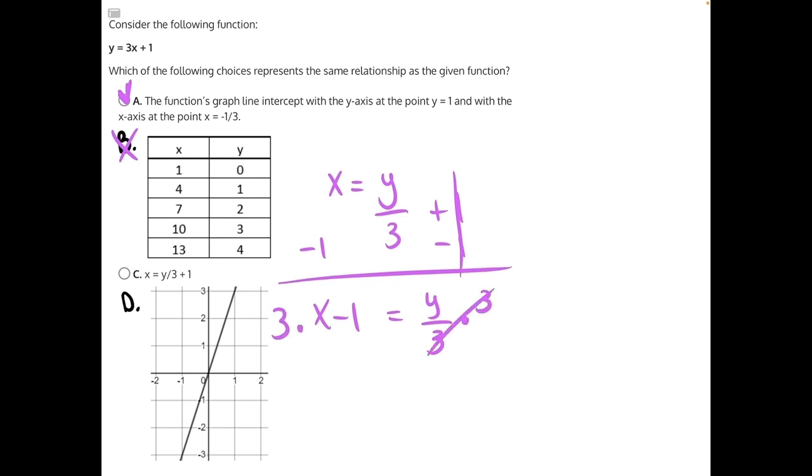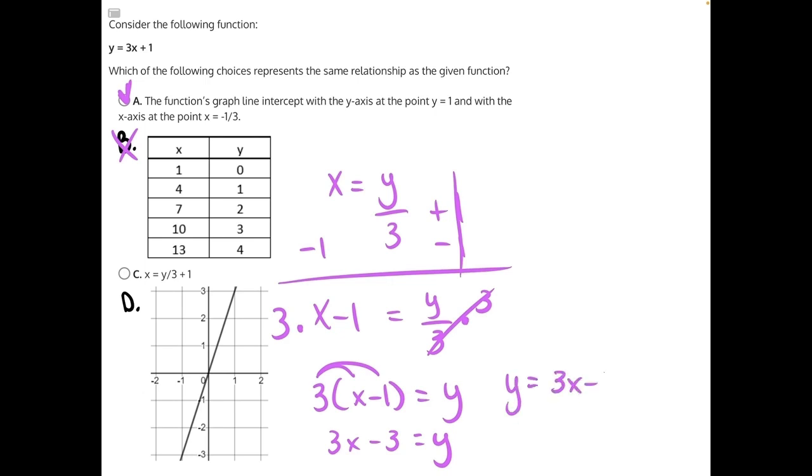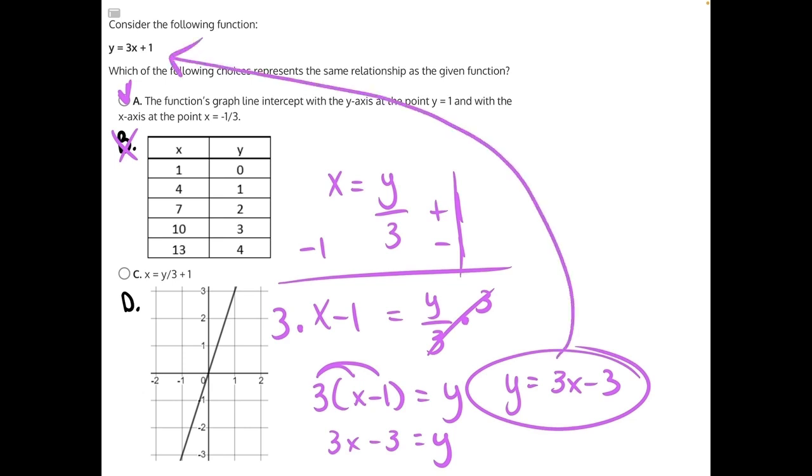These 3's will cancel, giving us 3 times x minus 1 is equal to y. If we were to distribute that, we would have 3 times x is 3x, minus 3 times 1 is 3, equals y. And just for the sake of ease, we'll flip this to say y equals 3x minus 3. So this equation does not match our original equation and thus makes answer choice C incorrect.